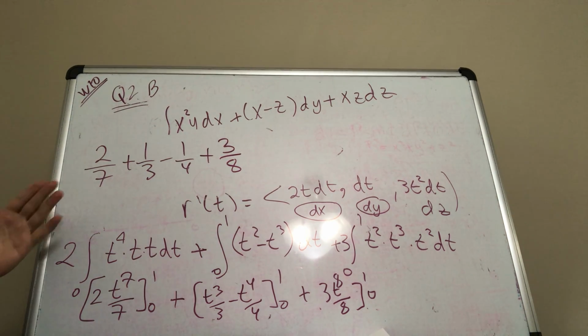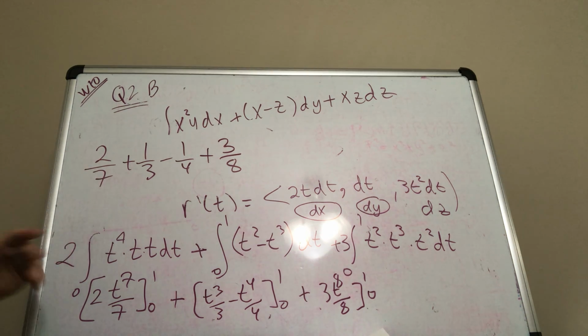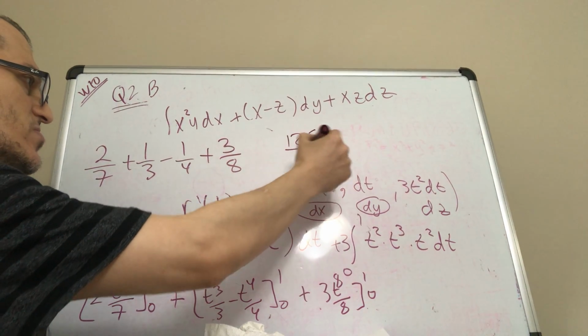You can leave it as it is. You can try and find the common denominator for the answer, but it doesn't matter. Just leave it as it is. Or if you put them all in the calculator, so 2 over 7, 1 over 3, 1 over 4, and 3 eighths, gives you 125 over 168.